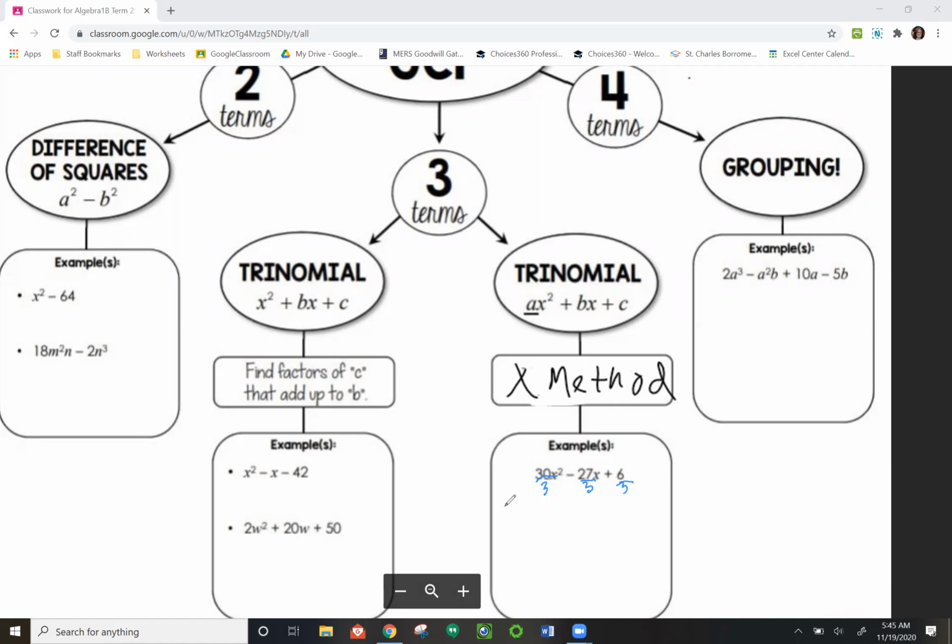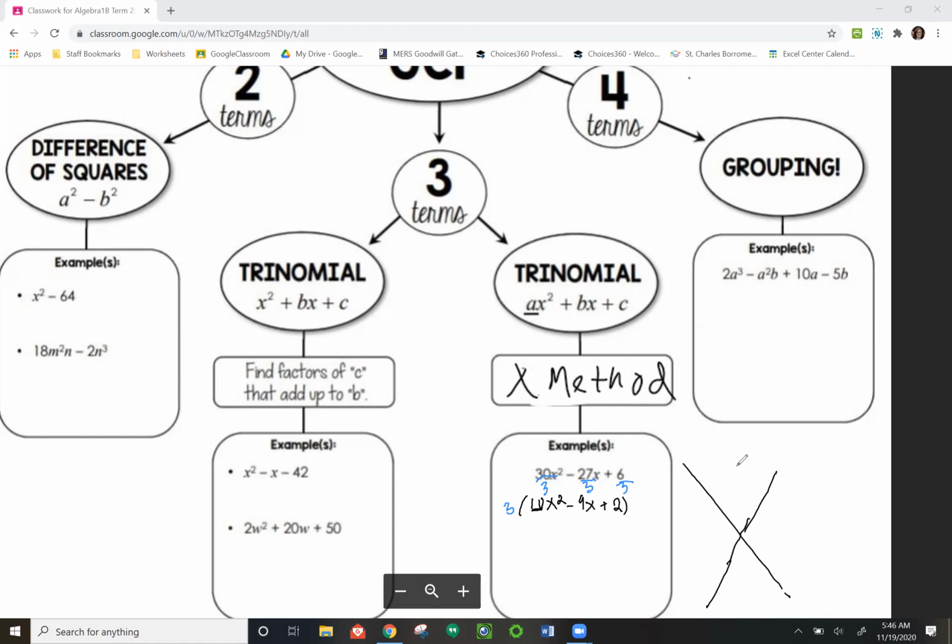So you pull that 3 out, and you're left with 10x squared minus 9x plus 2. The remaining expression is a trinomial, and since the leading coefficient is not 1, it's a 10, I have to use the x method.